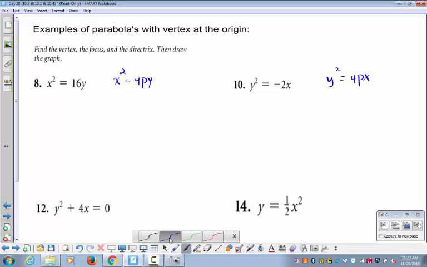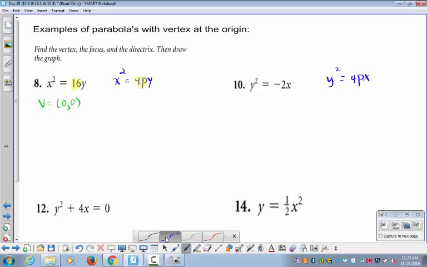And the whole idea is to solve for p. In order to find this mystery focus and this mystery directrix, you need to know p. So right away we know the vertex is 0, 0. And to solve for p, we simply set 4p equal to that coefficient.